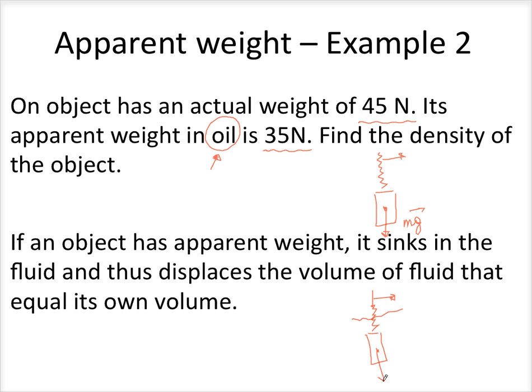We will have the mg going down, which is the actual weight, but we will also have some buoyant force, which will make the reading right here less. That's why it's called apparent weight, and we dub it as mga.